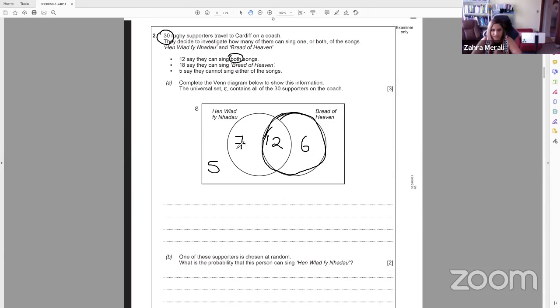What is the probability that they can sing the Welsh song? Okay, so how many people can sing that? So we know that we've got 7 and 12. So altogether we've got 19 people out of the 30. So the answer would be 19 over 30.